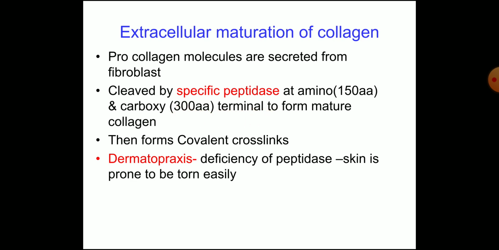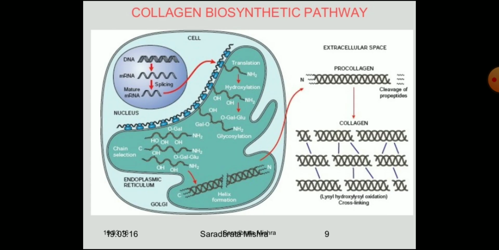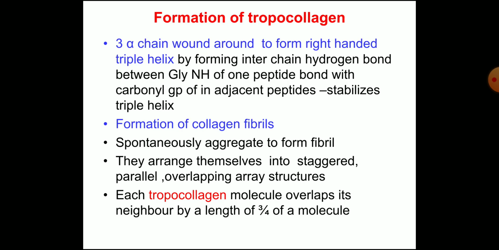You can see here the amino terminal and the carboxyl terminal. These are cleaved by the peptidases, and then the staggered arrangement occurs. That is the fibril formation, or the collagen fiber formation.